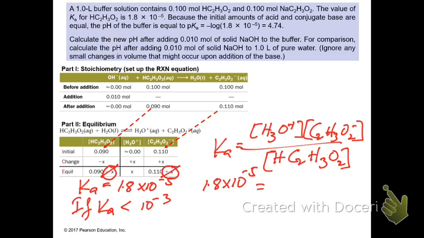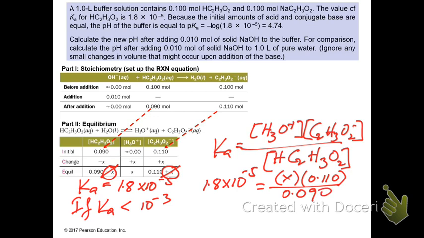So the concentration of hydronium is x, times the concentration of the conjugate base, which is 0.110, and divided by the concentration of the acetic acid, which is 0.090.